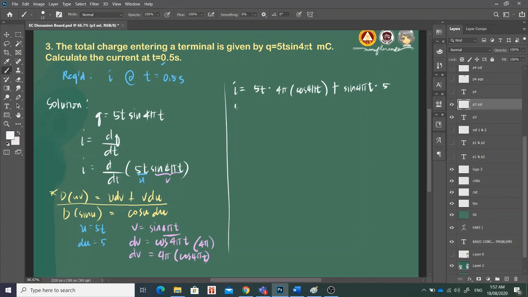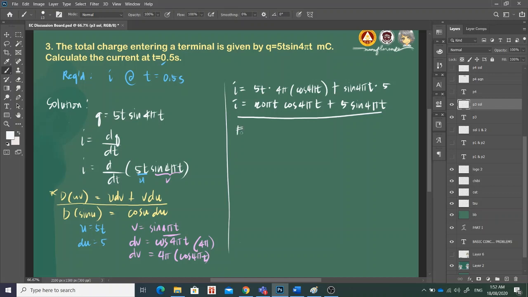Yeah. Then we arrange the equation of current, or yung waveform ng current natin ito: 20 pi t cosine 4 pi t plus 5 sine 4 pi t. So, ito yung current waveform natin, okay? At any instant, kapag meron tayong given time, we can readily get the exact value of current by this equation. So, substitute lang natin yung time.